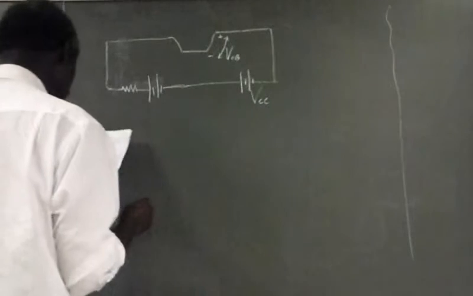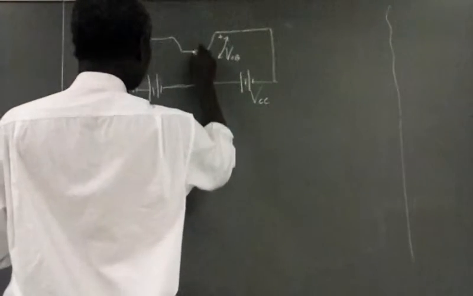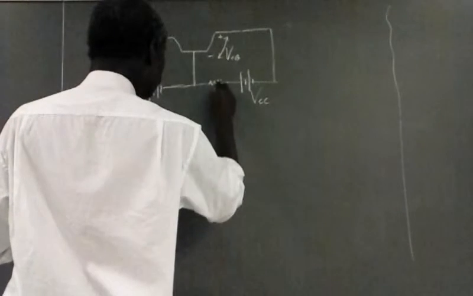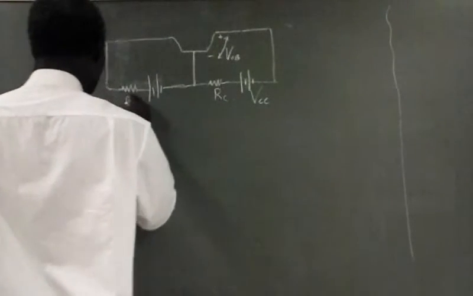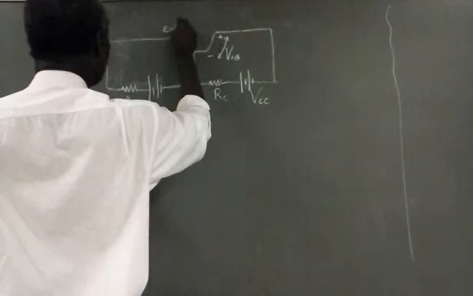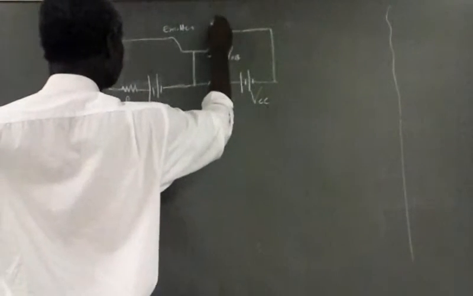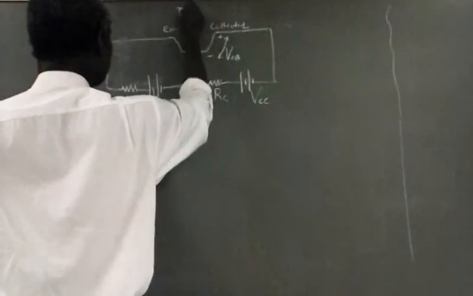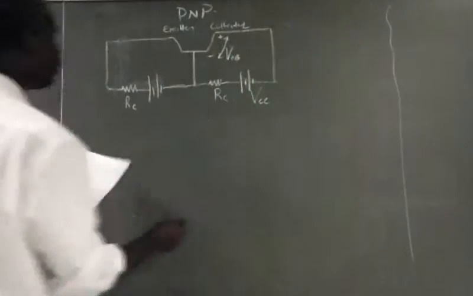VCC, RC, RE, emitter, collector, and we're dealing with PNP.